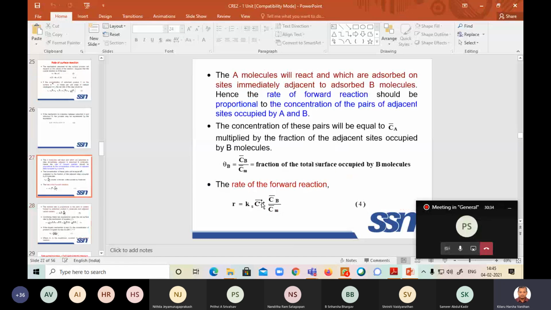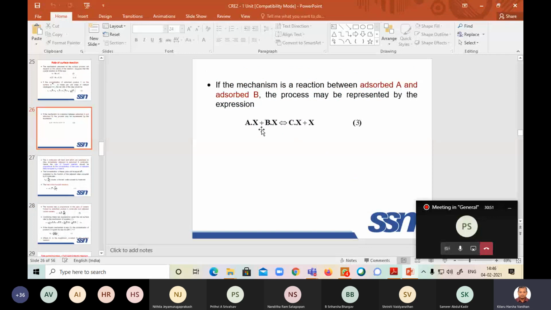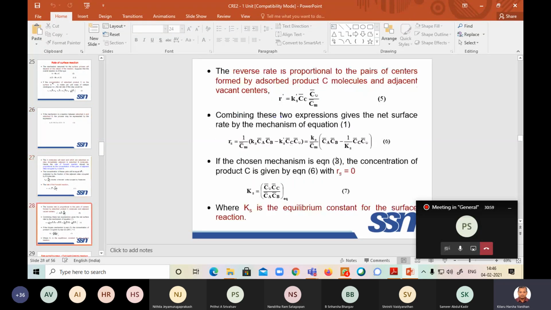So if you combine these two, then you are getting this expression. You can simplify this using small k instead of capital K. Whatever way you are putting it, again I am telling you, this is what you get. Now you see here, what is the reaction? A, B and C, and X. So can we write the expression now? Ka, you can see here, K divided by Cm.